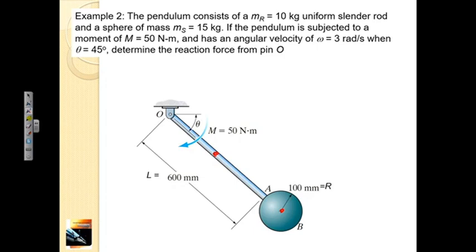So the CG might be here. In order to do this, we got to figure out where our CG location is. I'll call that x sub CG. I'm going to take the datum from the point that I'm rotating about, point O.